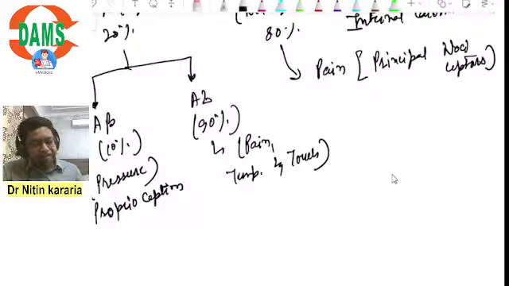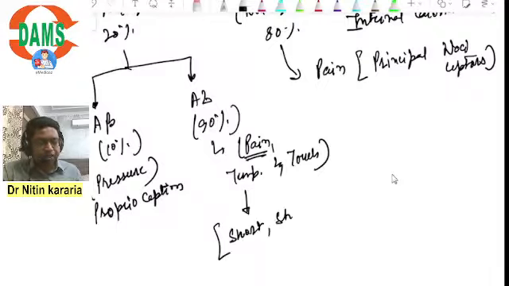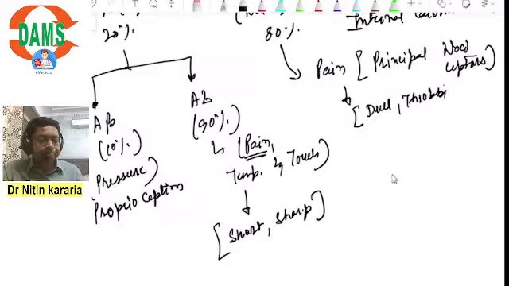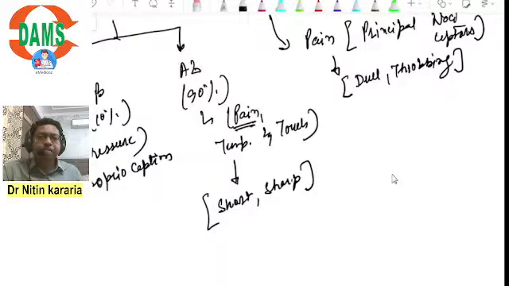What type of pain is carried by A delta nerve fibers? A delta nerve fibers have the quality of pain which is short and sharp. The quality of pain which is conducted by C fibers is dull and throbbing pain. So they have difference in the characteristic of pain being carried.